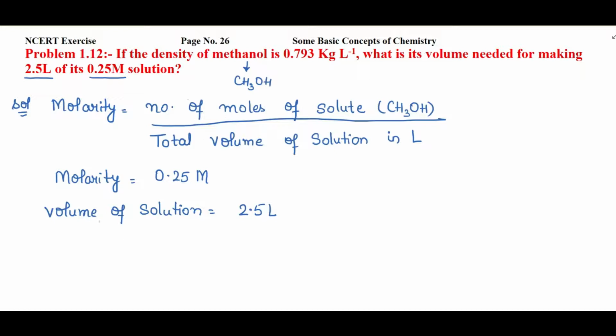Now let's see the formula. Number of moles of solute, it is represented by small n, right? n of CH3OH equal to actual mass of methanol divided by molar mass of methanol. Now from this relation we can find the actual mass of methanol.